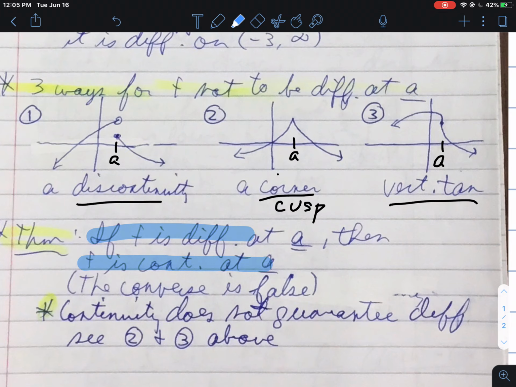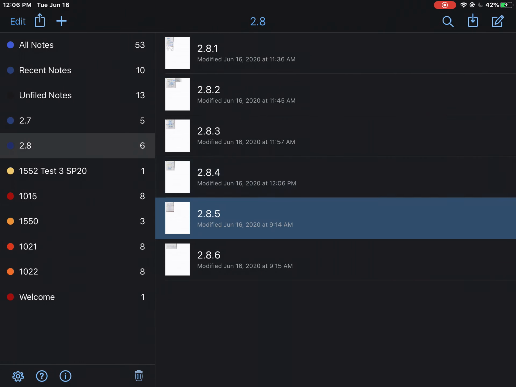So differentiability guarantees continuity. Continuity does not guarantee differentiability. And we don't want to misinterpret that, and that's what ends up happening if you're not careful. So if I'm differentiable there, I'm continuous, because I can't differentiate at a point of discontinuity. But if I'm continuous, that does not mean that I'm differentiable. Maybe I am, maybe I'm not.